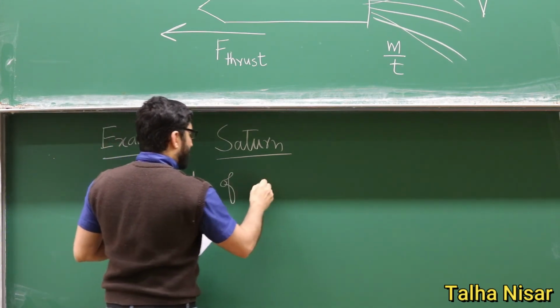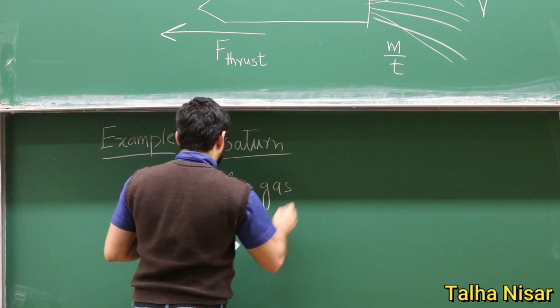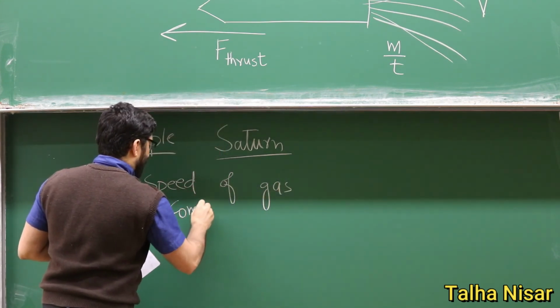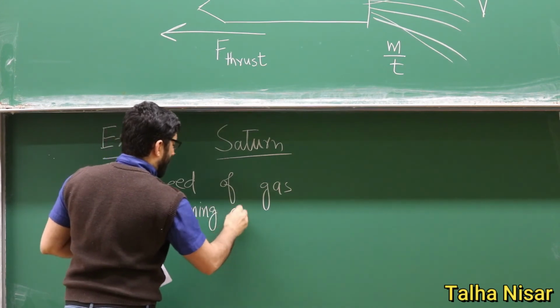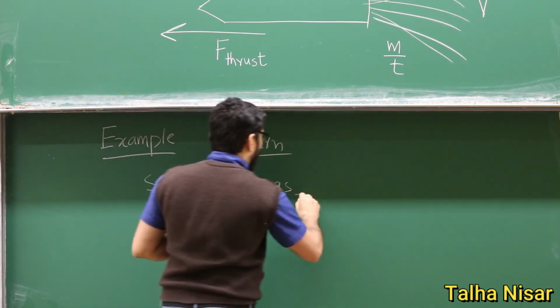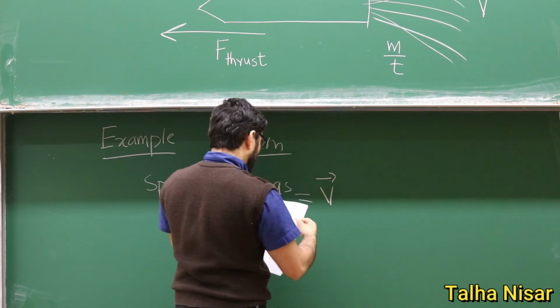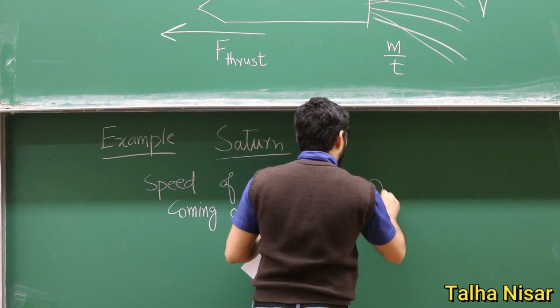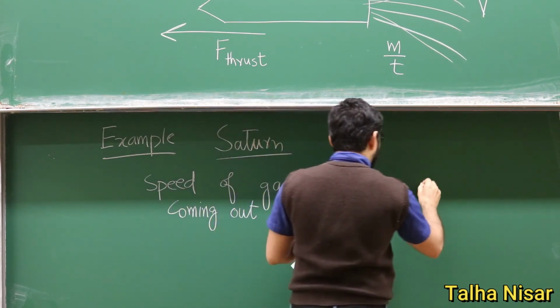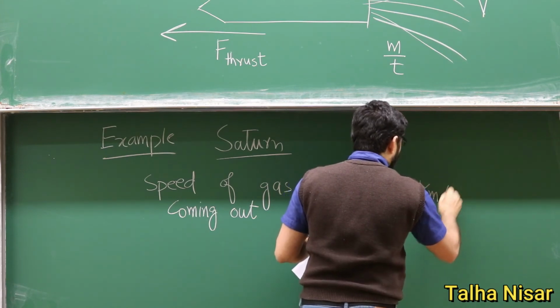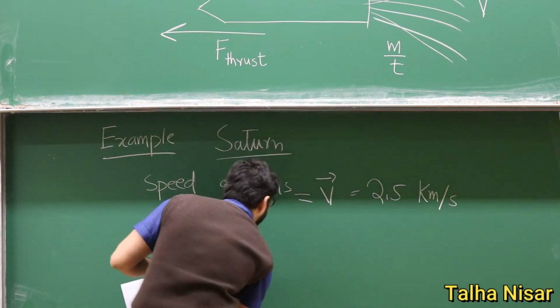So the speed of the gas that was coming out, the velocity, was 2.5 kilometers per second.